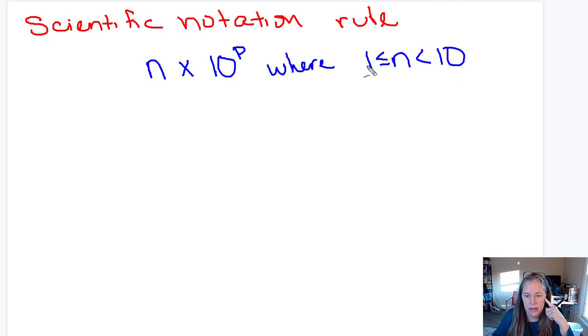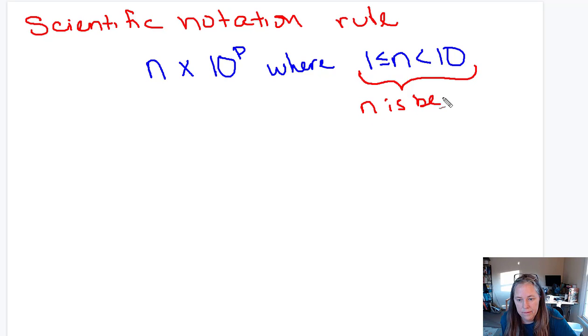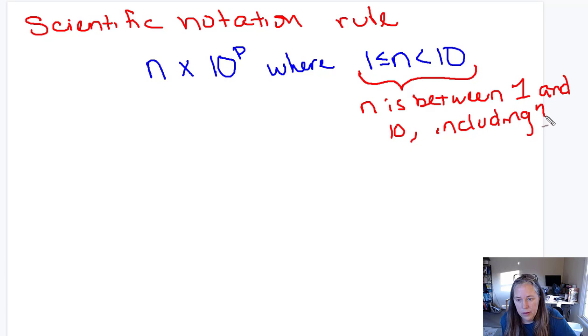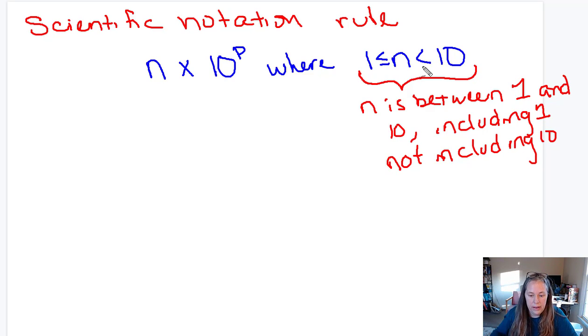Okay, and what this means, 1 is less than or equal to n is less than 10, that's the short math way of saying n is between 1 and 10, including 1. See the equals? That's including 1, not including 10. See how there's no equals there? Okay, so that's the algebra way to say it.